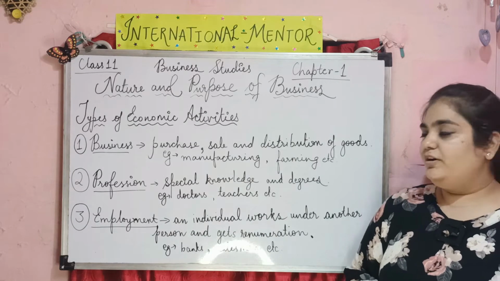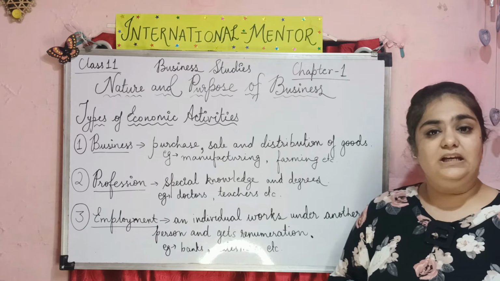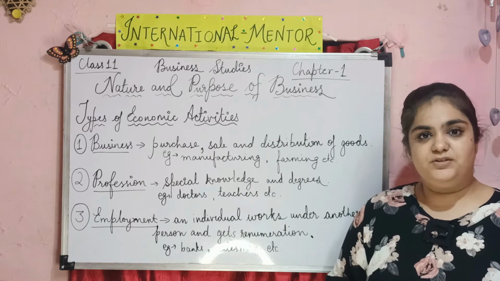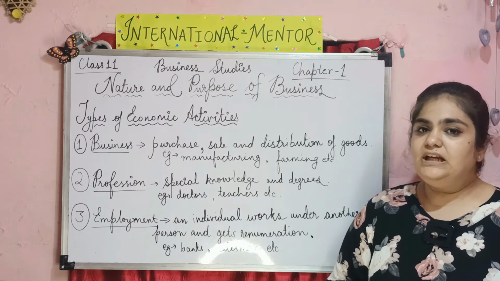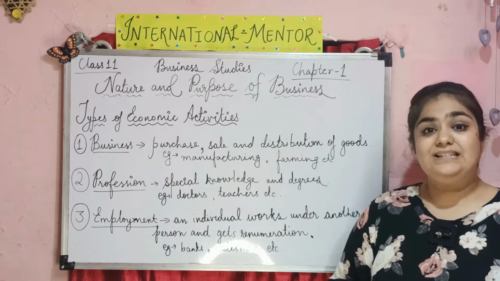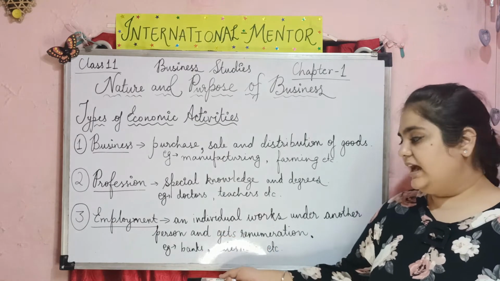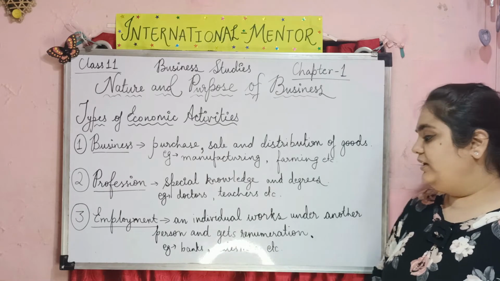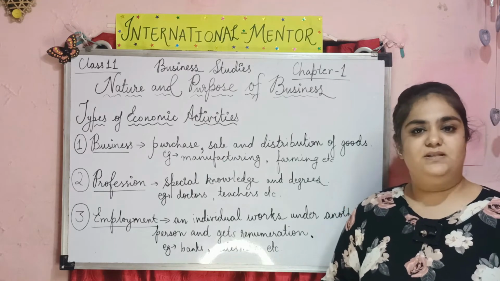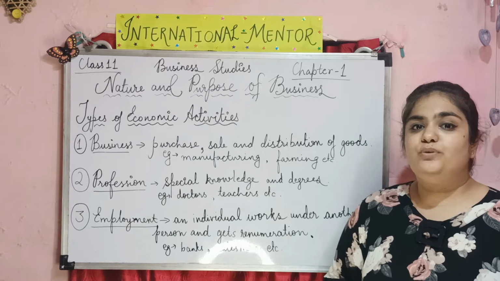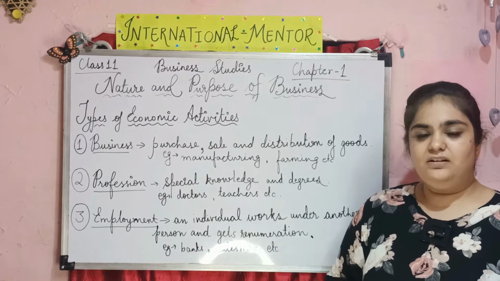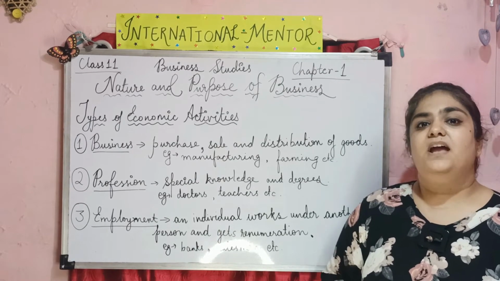Employment. Employment is done by an individual working under a person or a boss to earn a salary or a wage. So the examples of employment are a bank employee or a sales manager or a salesman, etc. We will study these three economic activities in detail.